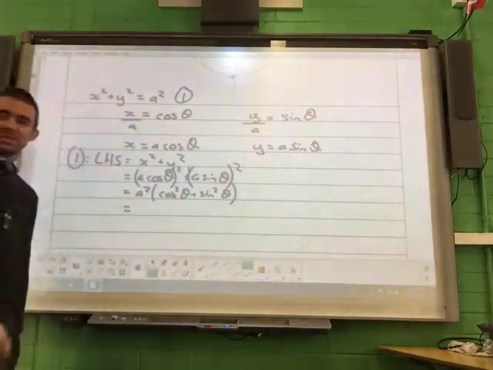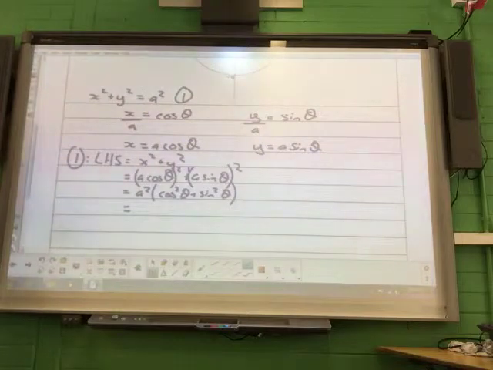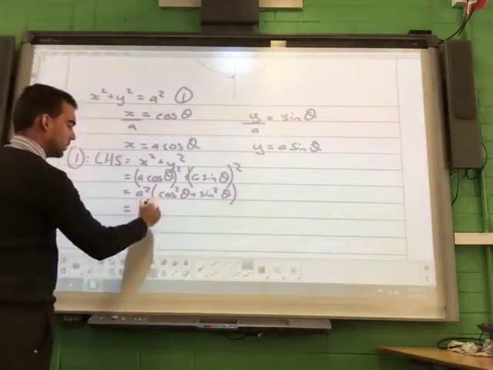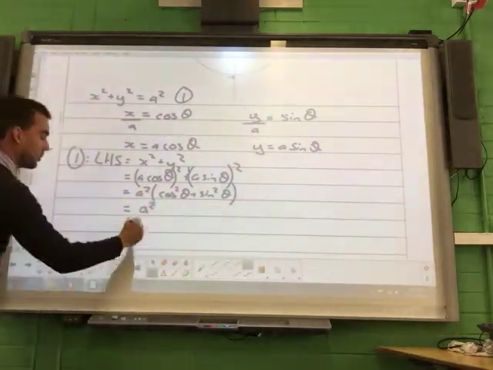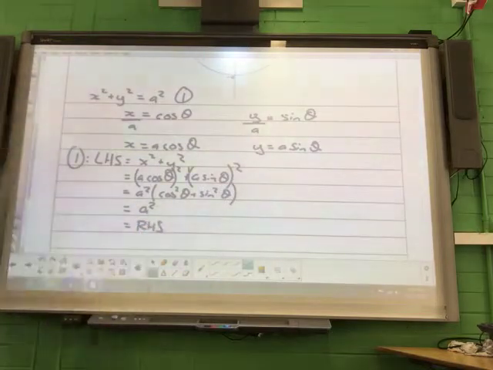Now I've seen cos squared plus sine squared before, that equals 1. So A squared times 1 is A squared, which is the right hand side, so that's why it works. We come up with a parametric, put it back into Cartesian form, and it works.